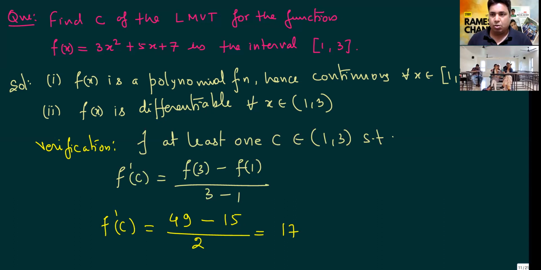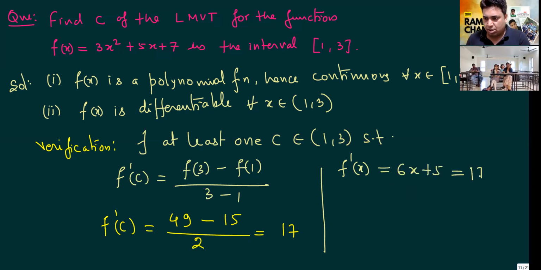So now the question is what? We need to find c. So we are going to differentiate the function: f dash x is 6x plus 5, and it is equal to 17. Now you can see 6x is equal to 17 minus 5, which is 12, and x is equal to 2.